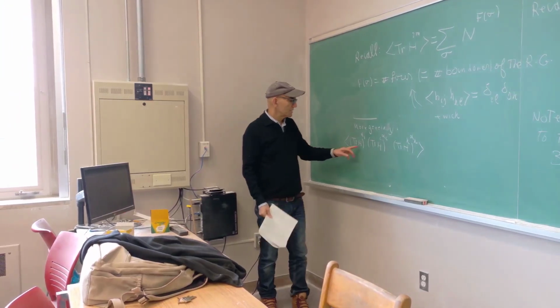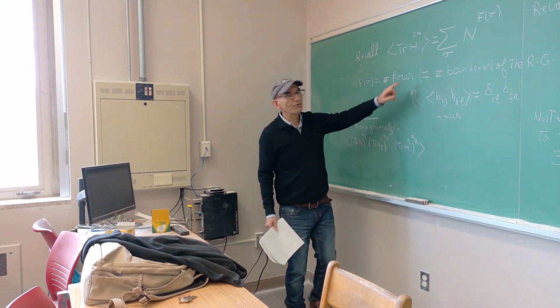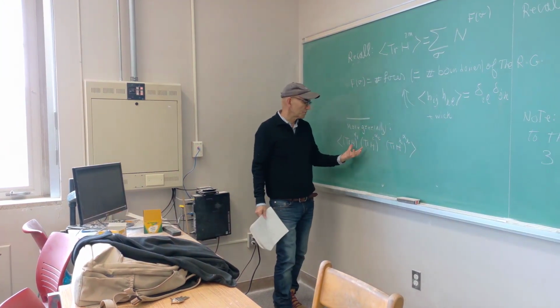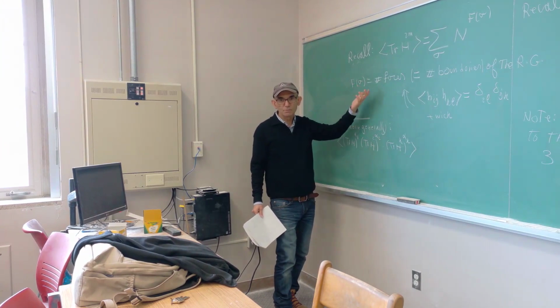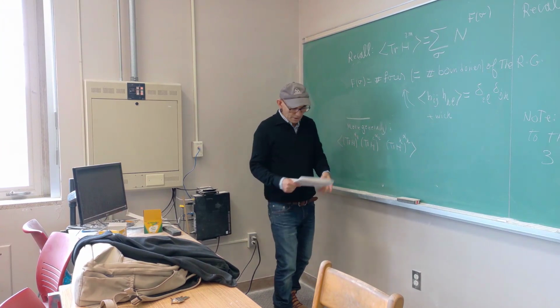And notice these sorts of functions cannot be reduced to one trace, because there's not a simple relation between the product of traces and the trace of products. So trace is not multiplicative.